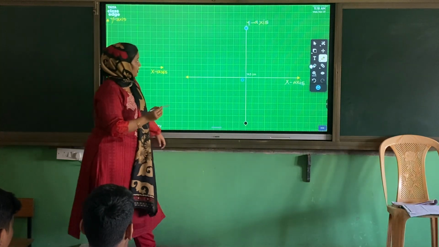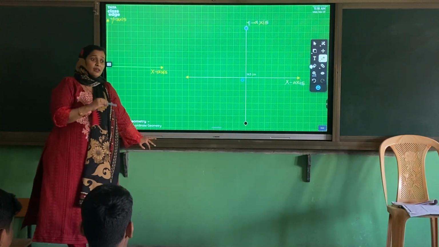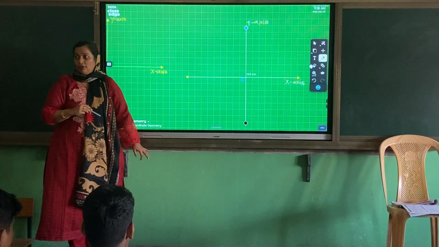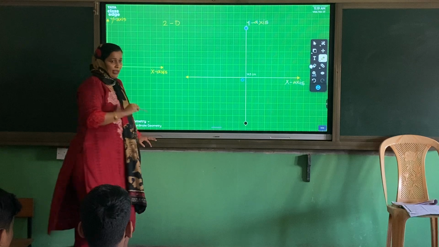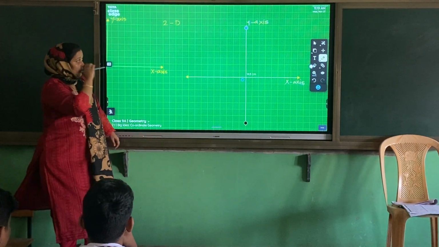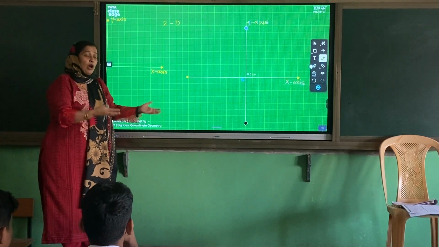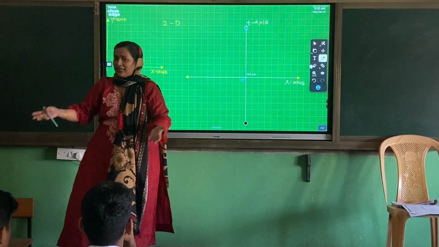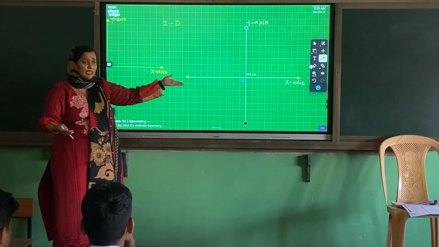These axes, the x-axis and y-axis, are now in a Cartesian plane. So this figure is a 2D sheet. Why? Because here we have the x-axis as well as the y-axis. Now let us mark the integers inside it, because as we know, on a number line we have positive numbers as well as negative numbers. Here also we have negative numbers as well as positive numbers.